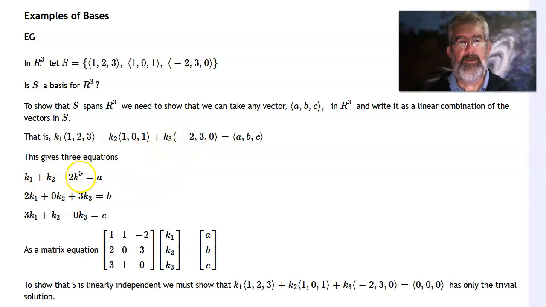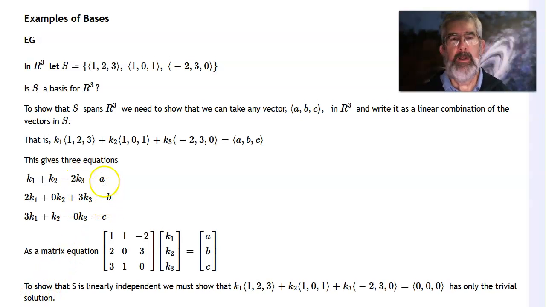Likewise, the second coordinate should be 2k1 plus 0k2 plus 3k3, which has to equal b. And the third coordinate says 3k1 plus 1k2 plus 0k3 has to be c.